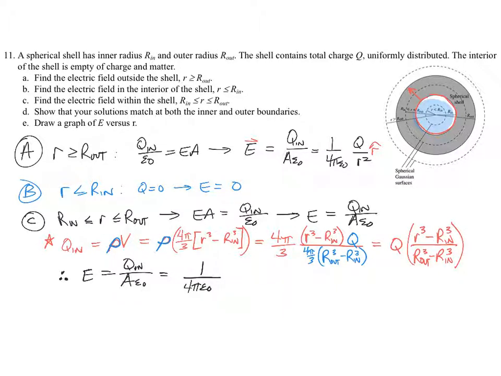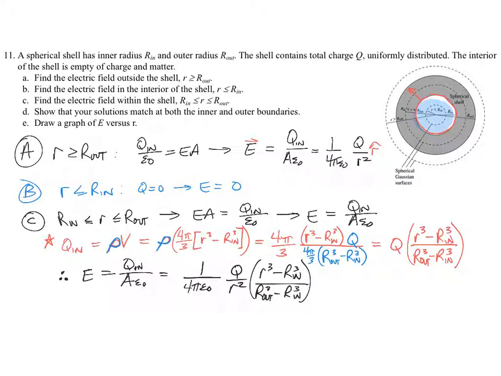Now I'm leaving the r squared to a different spot. That Q is going to come in here, and then we're going to be left with all of this mess with ratios of cubed radii.